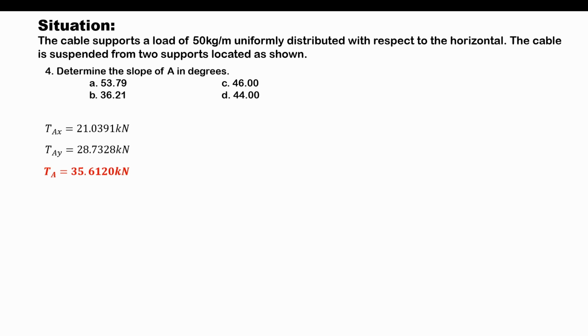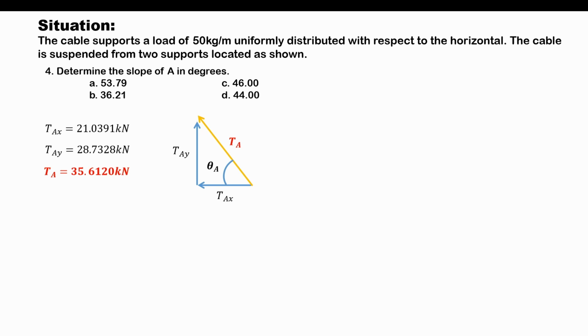So in order for us to visualize and solve the slope at A, let us first draw the triangle force representation of the tension at A. Here is the tension at A denoted as TA. Here is its horizontal component, and here it is its vertical component, and this is the angle that we are looking for.